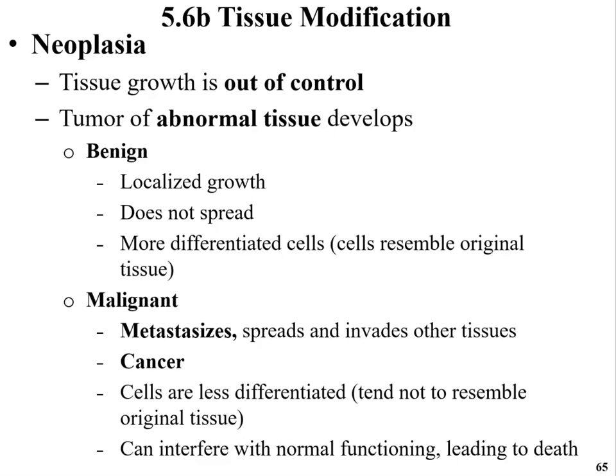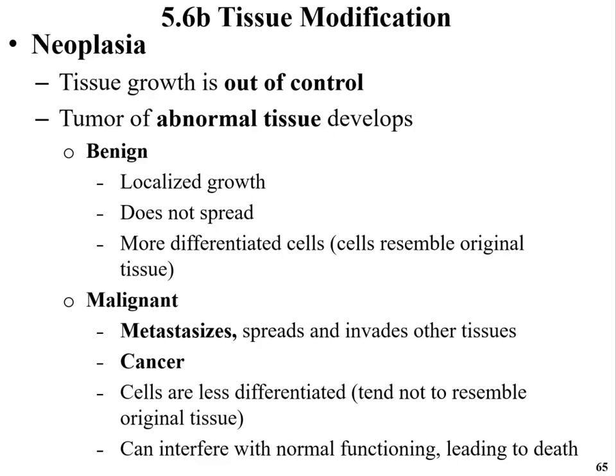You can have neoplasia. So this is tissue growth that is out of control, which creates a tumor, and a tumor of abnormal tissue can develop. It can be benign, where it's a localized growth, it does not spread, and the cells are more differentiated in benign tumors, meaning that the cells resemble the original tissue more.